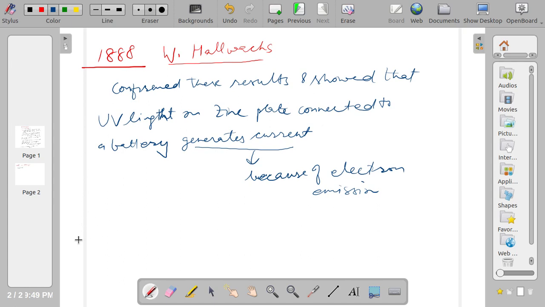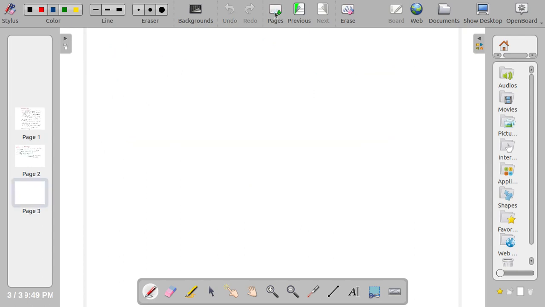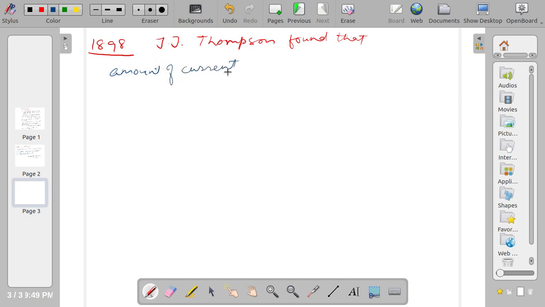Later, in 1898, J.J. Thomson found that the amount of current varies with the intensity and frequency of radiation.